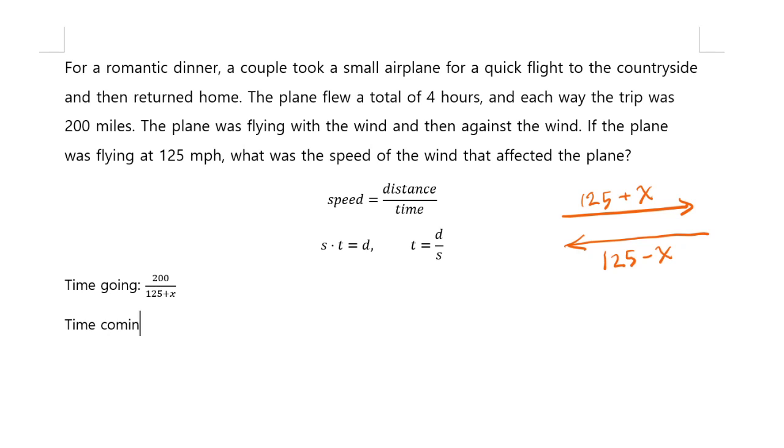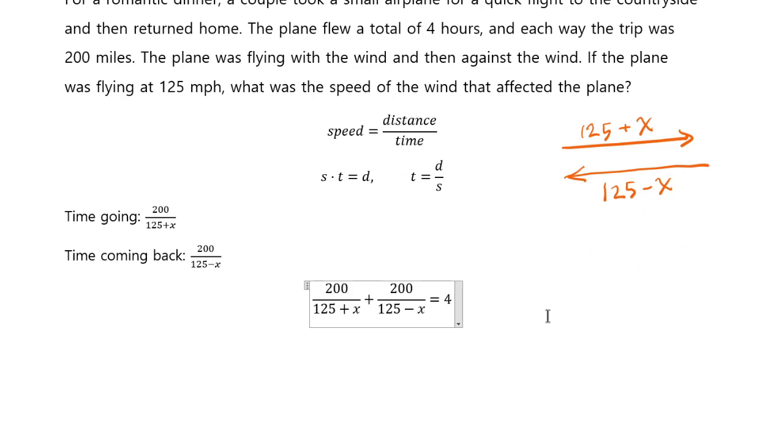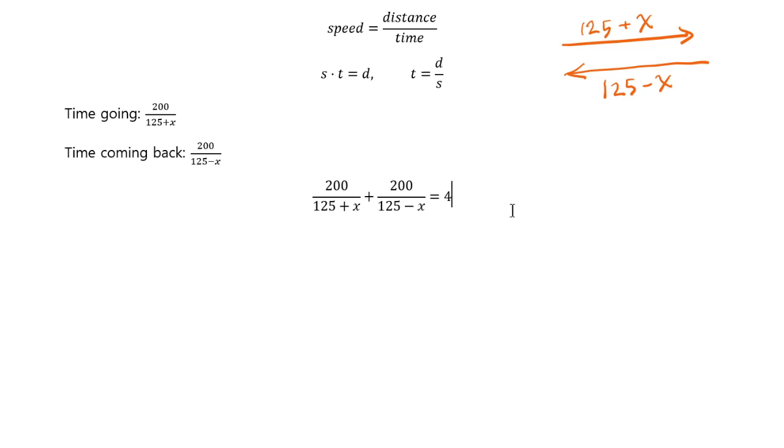Time coming back would be the same distance, 200, but this time, because they're going against the wind, it's going to take longer time. And what we know is that the sum of the two times gives you 4 hours, so you end up having this plus the other time equals 4 hours.